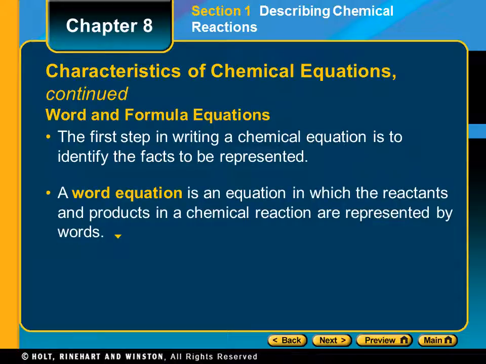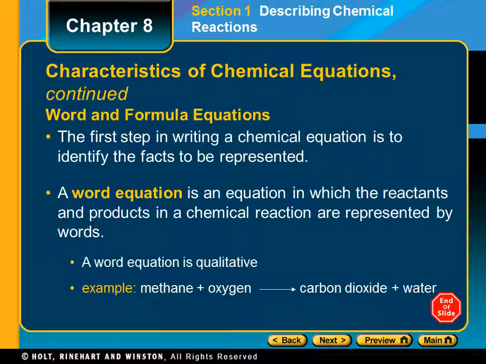A word equation is an equation in which the reactants and products in a chemical reaction are represented by words. So a word equation is qualitative. I tell you, water decomposes into hydrogen and oxygen. That's a word equation. It's qualitative. There's no data points. So methane plus oxygen yields carbon dioxide plus water. That's a word equation. Again, that's qualitative.